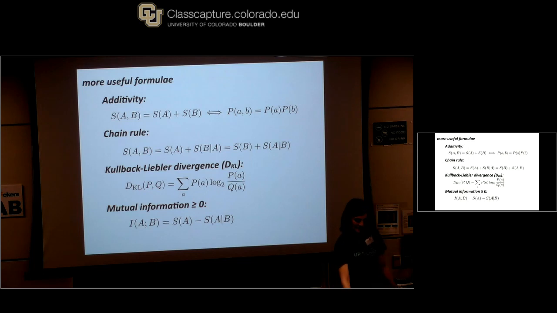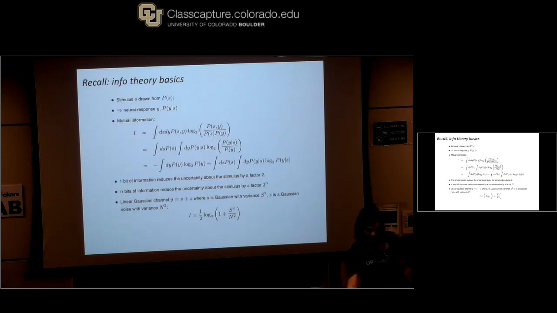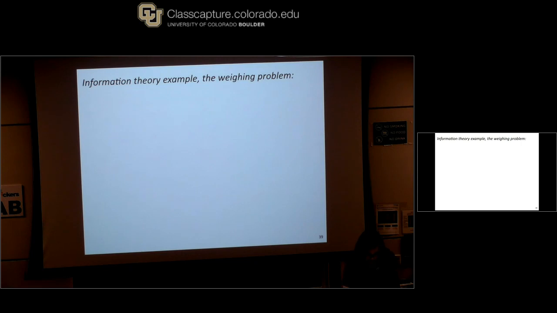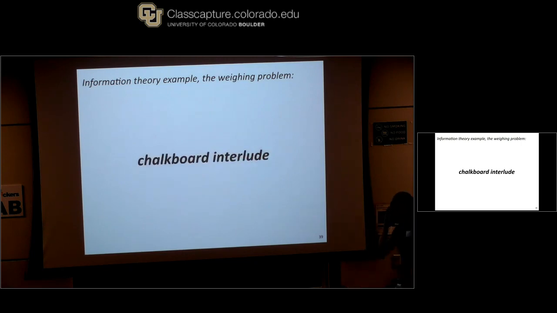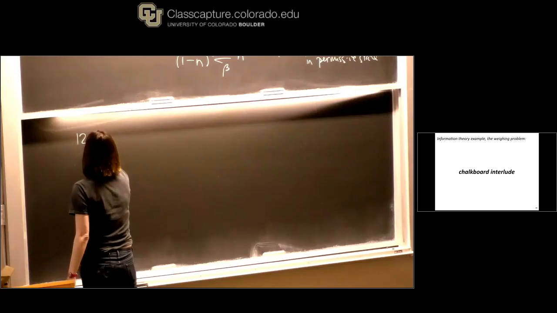All right, fine. So next time we're going to be talking about some info theory basics, and we're going to talk about Maxent distributions. But to get you thinking about that, I want to give you a puzzle, a weighing problem. All right, so here is your puzzle. You have 12 coins.